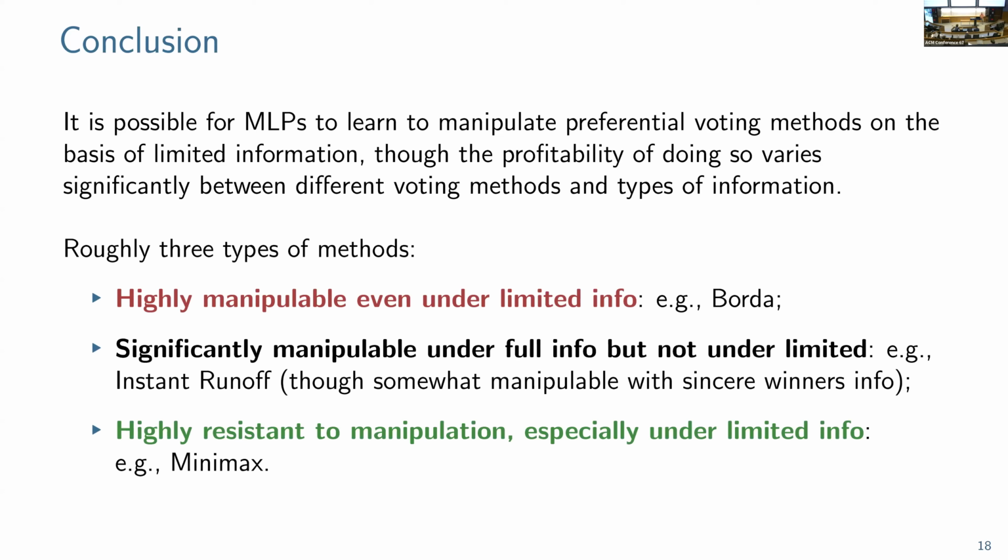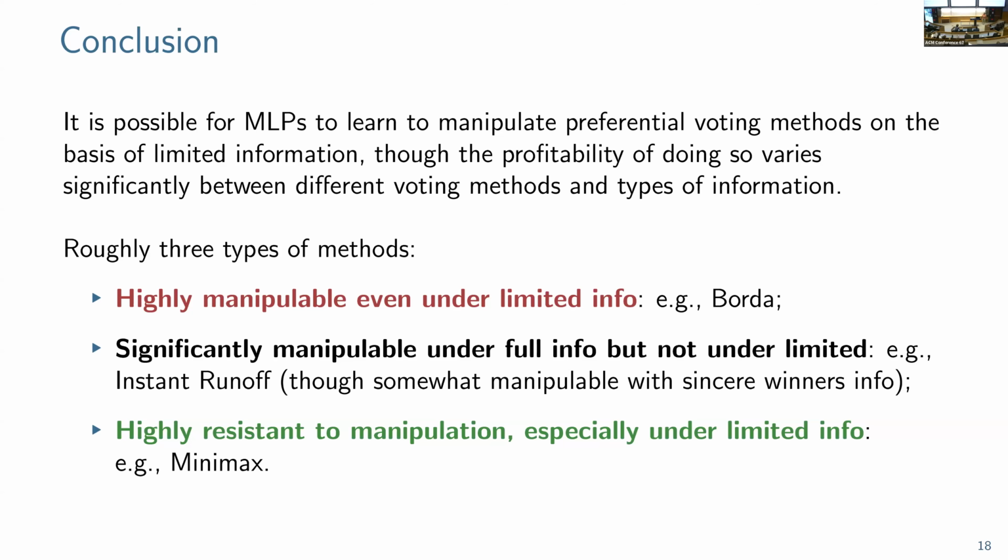This is Borda, which is very consistent with what voting theorists say about Borda, so this is well known. For instant runoff, it's a little less clear how easy it is to manipulate. We think this shows that instant runoff is actually somewhat easy to learn to manipulate. And then there are some voting methods that seem to be highly resistant to learning how to manipulate, even when you have slightly more complex neural nets.